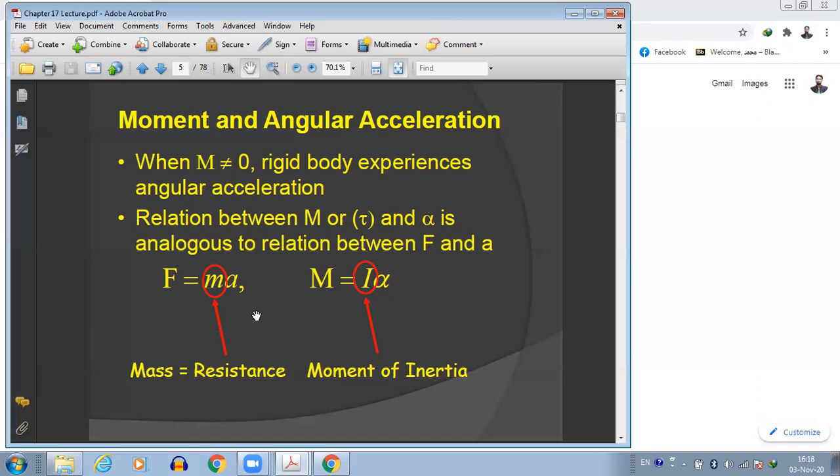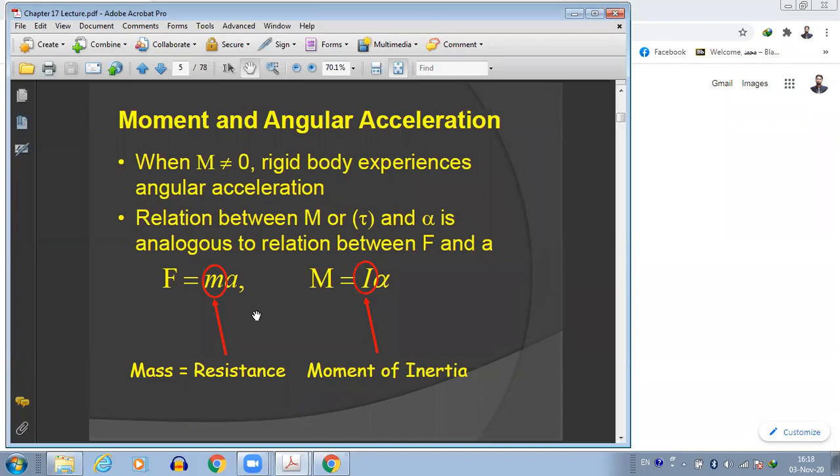Since we will be studying the force acceleration method, we have to use F equals ma. But along with that, we also need to study the equation in the angular format. In the angular format, we need an equation which is very analogous, very similar to the linear motion equation.